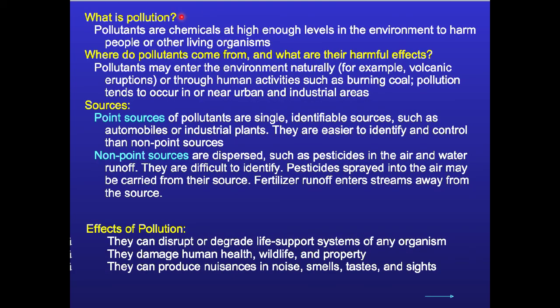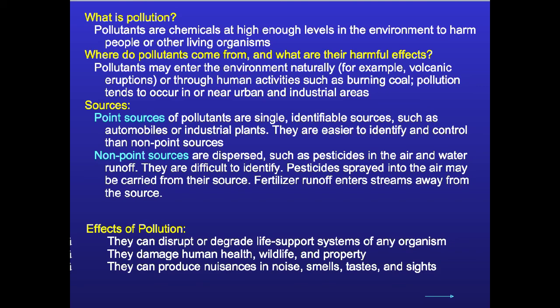So one of the big topics in environmental science is pollution. And one of the largest portions of the AP environmental exam comes from different types of pollutants. Pollutants are chemicals in high enough quantities that can cause harm to people or other living organisms. So where do they come from?